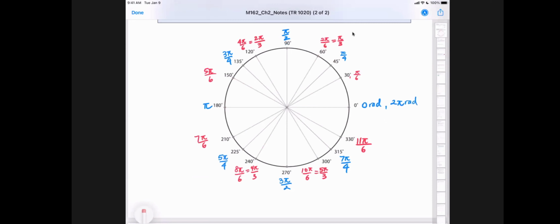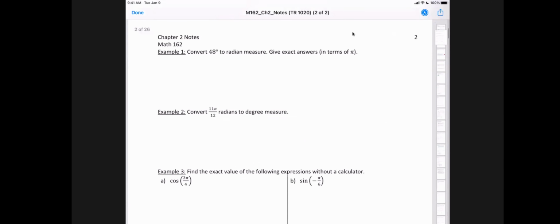So I would count until I hit 10 pi over 6 or 5 pi over 3. And then I know, since I'm graphing these things accurately, that it would be a 60-degree angle in quadrant 4. So we'll get to that in a later example.